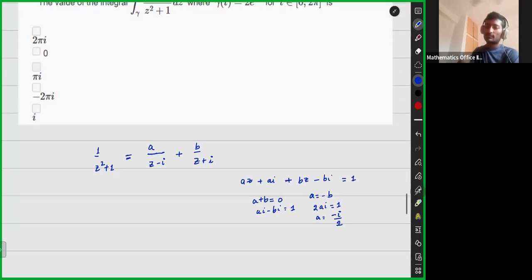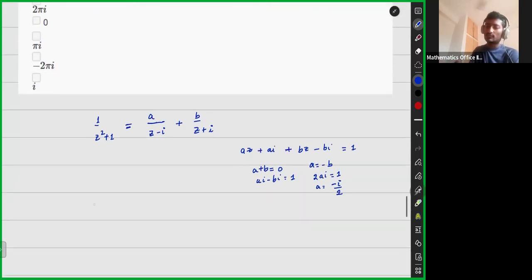So now we know that 1 upon z squared plus 1 is equal to i by 2 times 1 upon z plus i minus i by 2 times 1 upon z minus i.